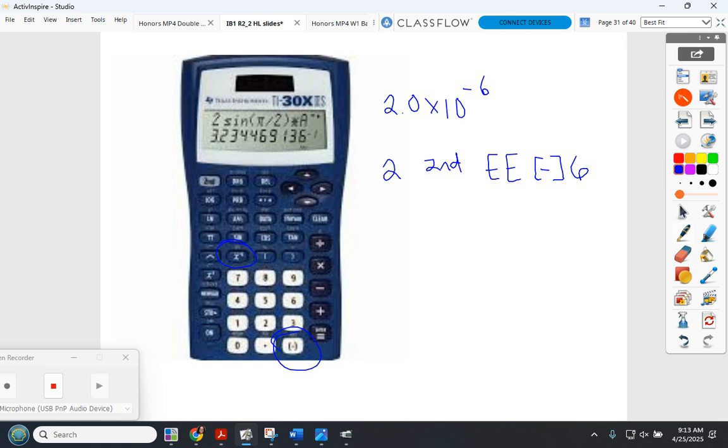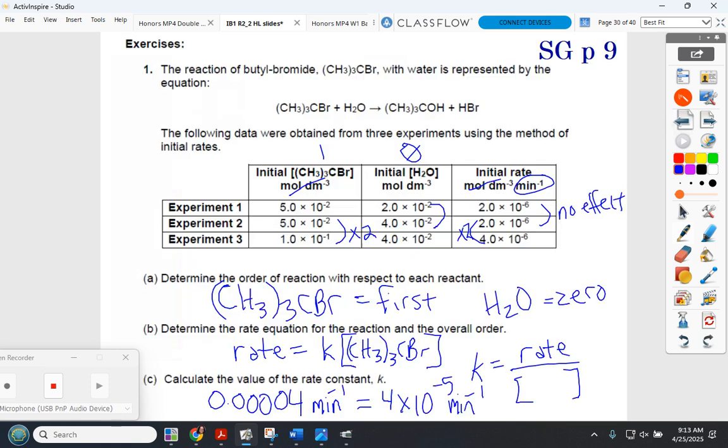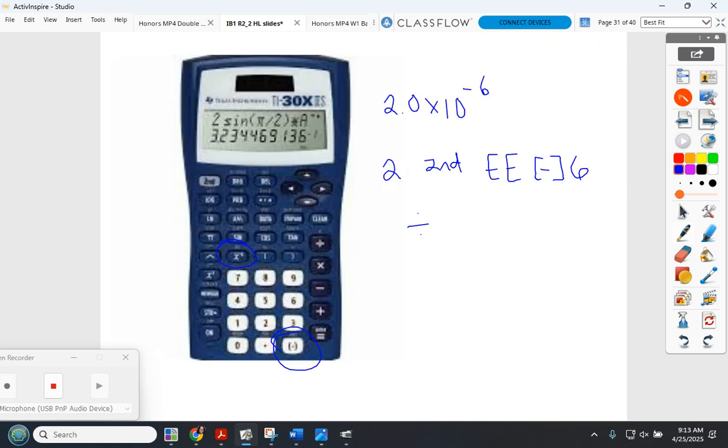And then you can treat it just like any other number. So I can say this divided by 5.0 times 10 to the negative 2: 5, second EE, negative 2, and that equals.